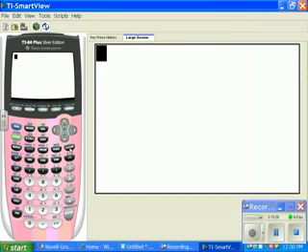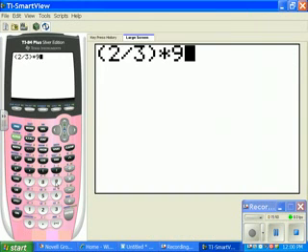Okay, so the fraction was 2/3, right? If I need to put that into my calculator, I have to put what around it, Zavain? Good, Virginia, thank you. So what was the fraction again? 2/3. And I'm multiplying that by 9. And we get, so those are our coefficients, okay?